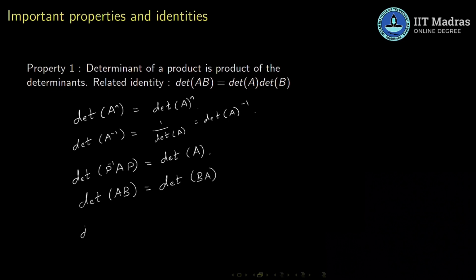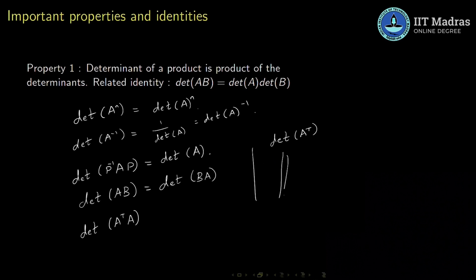And the final identity that maybe one can write down: determinant of A transpose A. So maybe before I even do this, I should ask, what is determinant of A transpose? Given that we can expand along any row or column, for A transpose, instead of expanding along the first row, we expand along the first column.